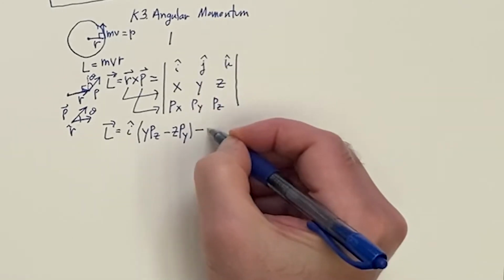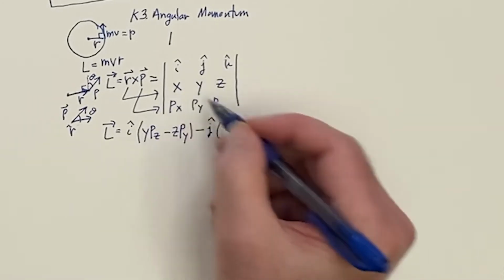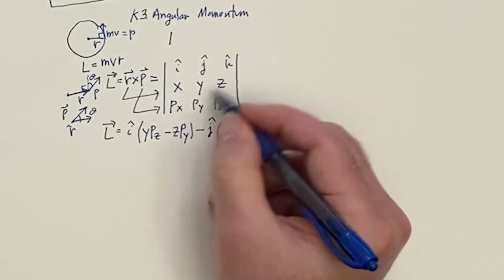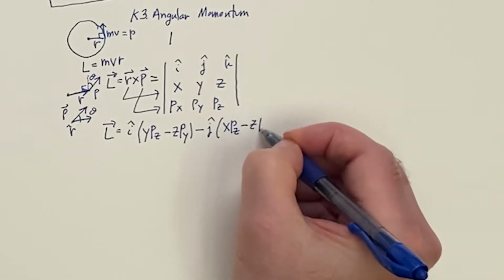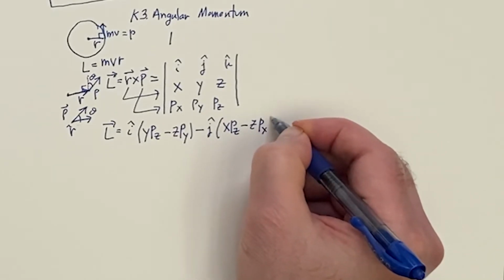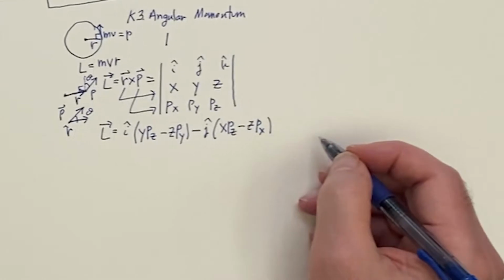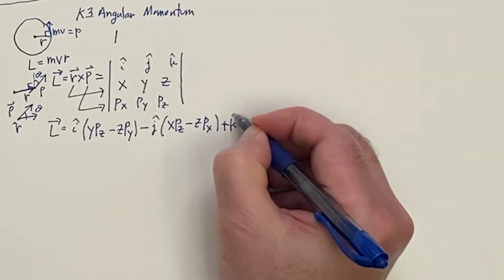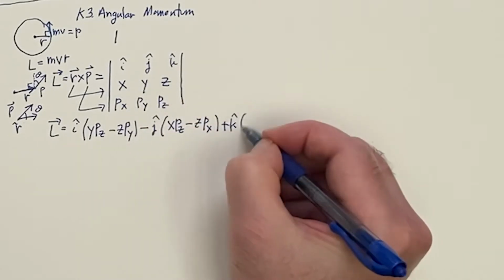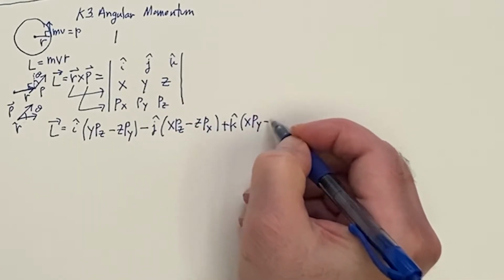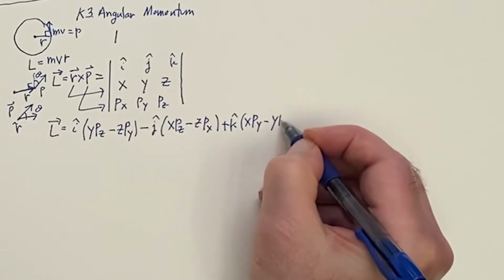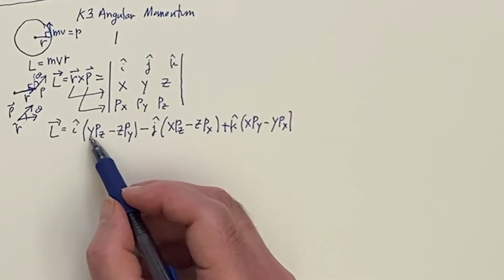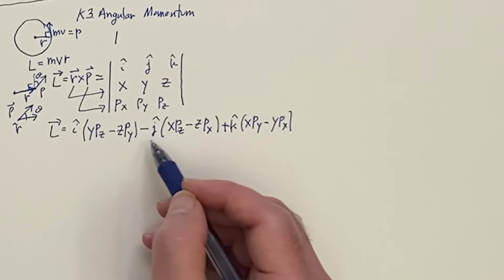Then a minus j hat goes in next. Then we have x with the pz minus z with the px, like that. And then finally we have the k hat, which should be x with py minus y with px.